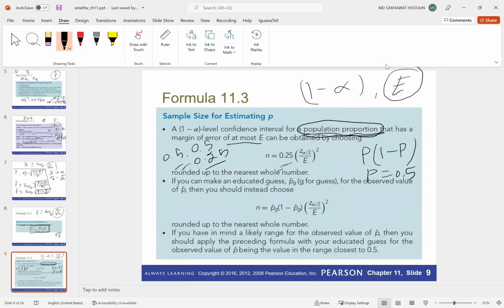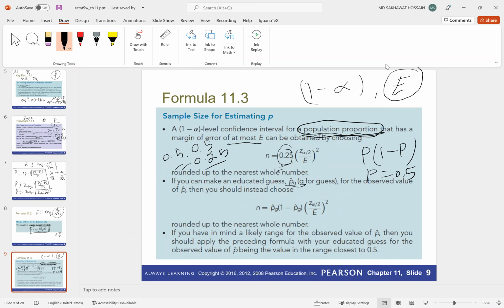The sample size will be that n is equal to 0.25 times z alpha over 2 over E, squared. But if you can make a guess of p hat, that means if you can make a guess of the proportion, then you can use that to calculate this value.